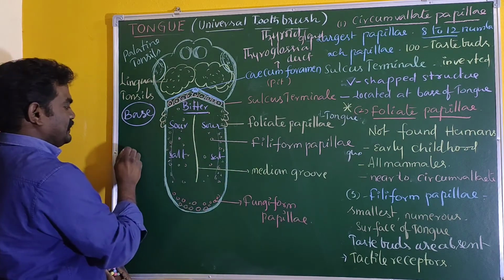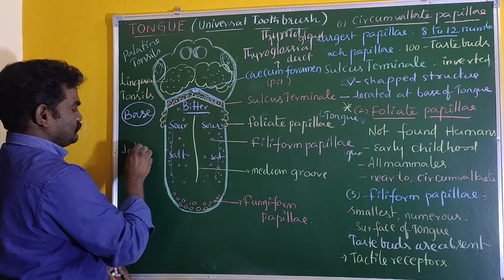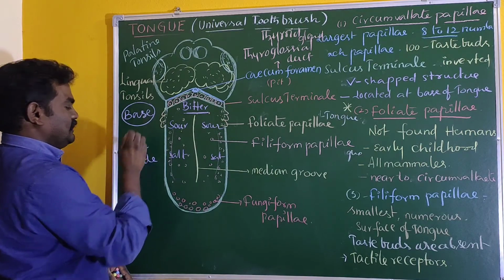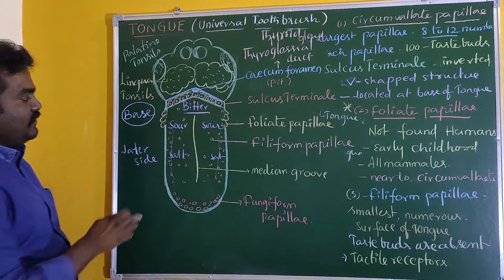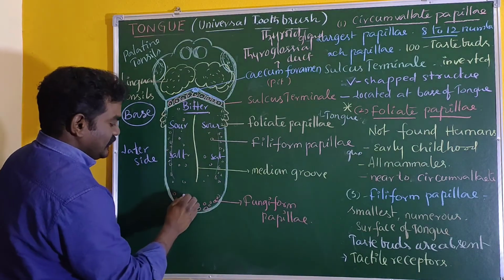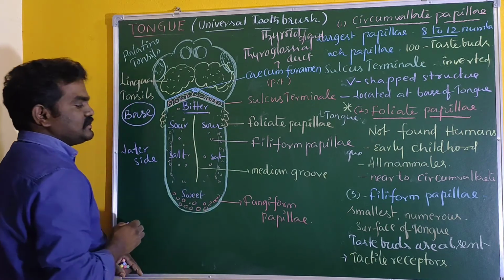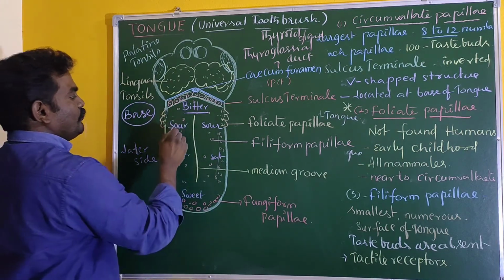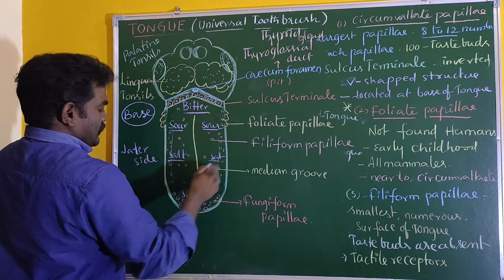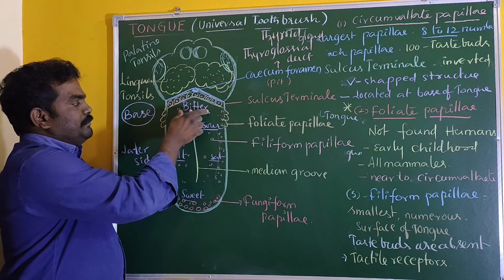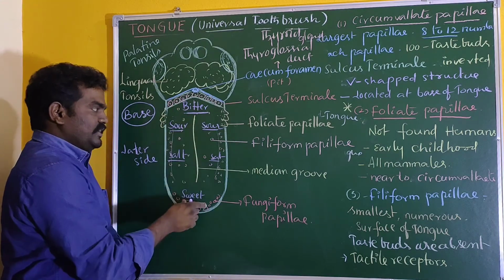On the lateral side of the tongue we detect a kind of taste, that is salt. At the tip of the tongue we detect sweet. So there are four important tastes we detect: bitter, sour, salt, sweet.